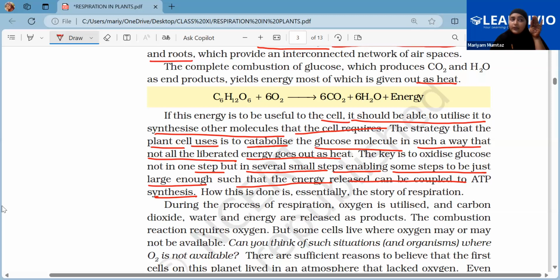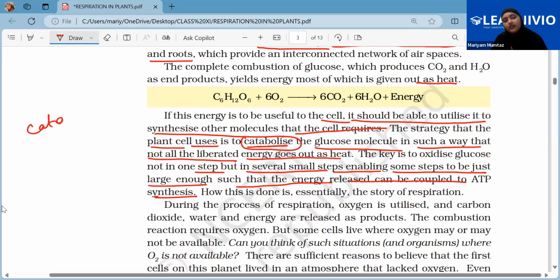So as to not let that happen, it happens in a series of smaller steps, so that in each step the energy is saved for ATP synthesis, and again another step happens, the energy is saved for ATP synthesis, and so on. With that being said, a greater amount of energy couples to ATP synthesis. Clear?